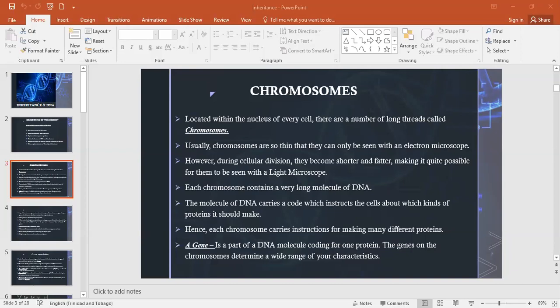And when they are wrapped around them, they form these little balls, and then eventually they coil and tighten up, and then they will form what is called your chromosome, right? So that is basically where your chromosomes are. And they are located in the nucleus of your cell. So they are found in the middle, within the nucleus of every cell.